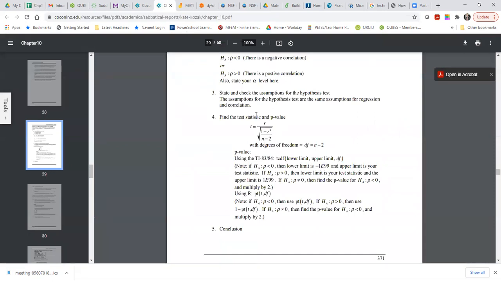I flip it, I square it first here. I'm multiplying both sides by 1 minus R squared.